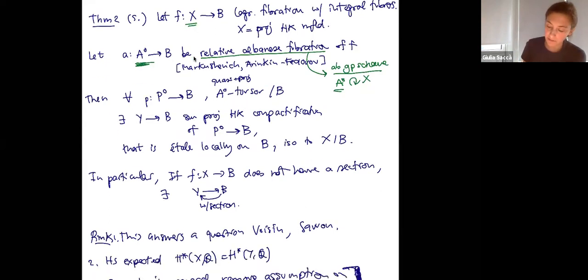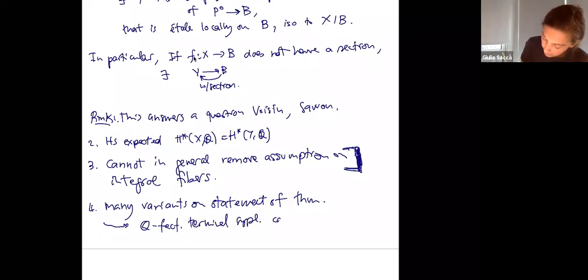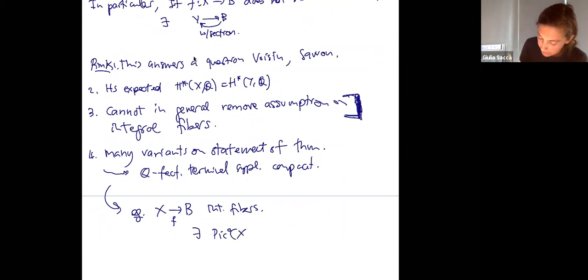And so with all these variations, using techniques similar to Theorem 2, you get a Q-factorial terminal symplectic compactification. So for example, if I have F with integral fibers, but only in codimension 1, then there exists a Q-factorial terminal symplectic compactification of Pic 0.